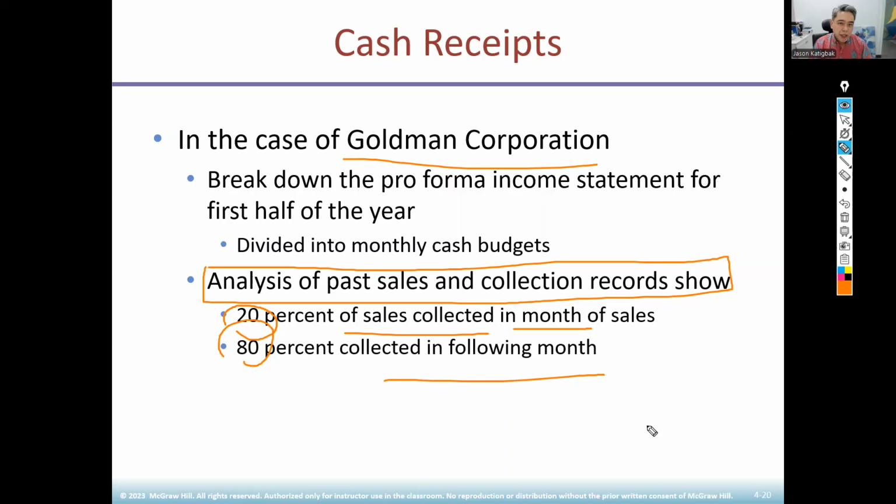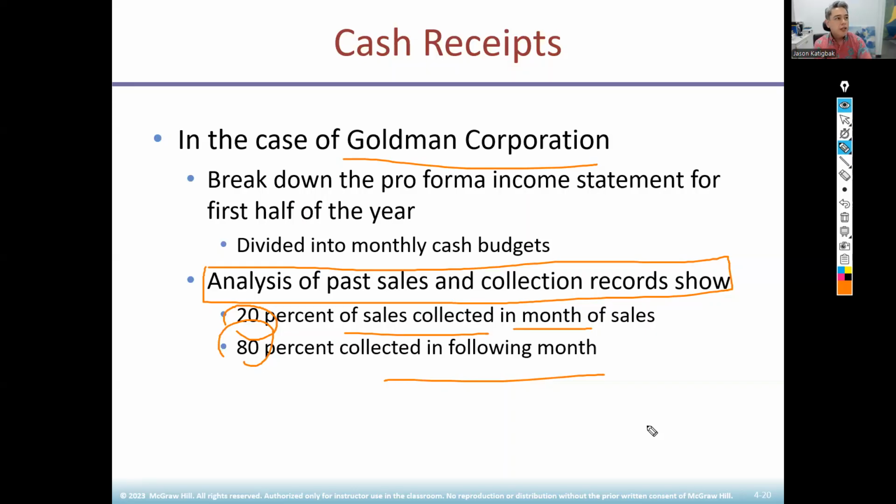And then what about the 80% or the 800? So next month, when it comes October, the company is able to collect 80% of the prior month's sales. So in October, 80% of the 1,000, which was sold in the month of September, will be collected in the month after, which is October, right?